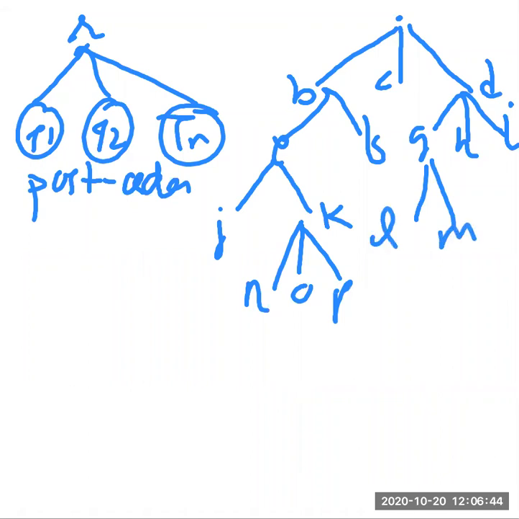Now let's understand how to do it in a post order way. In post order, we visit the subtrees in a post order way and then the root of the tree.